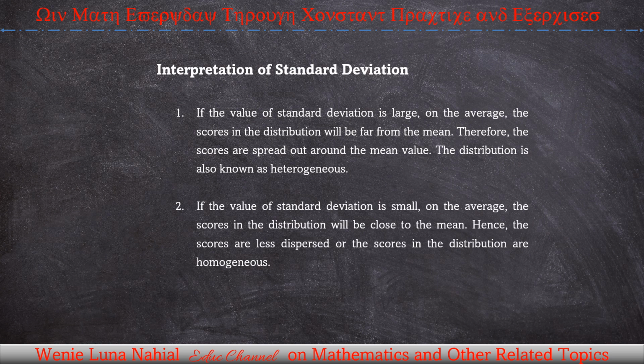If the value of the standard deviation is small, on the average, the scores in the distribution will be close to the mean. Hence, the scores are less dispersed, or the scores in the distribution are homogeneous. So it is the same interpretation as for variance.